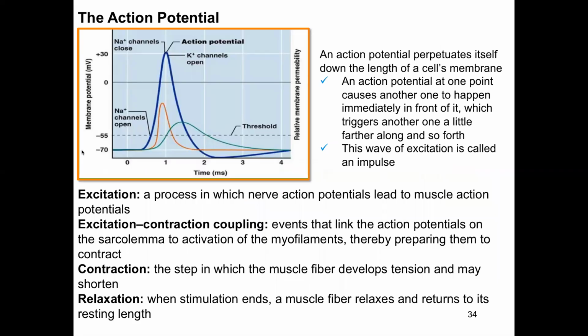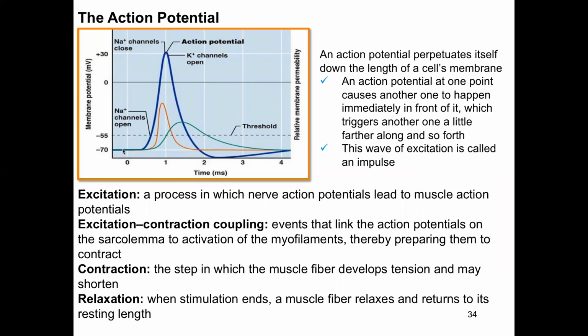All right. And what's going to happen here is that when the neurotransmitter binds to its receptor, it's going to open a chemically gated sodium channel. Chemically gated because it's going to be opened due to the neurotransmitter.